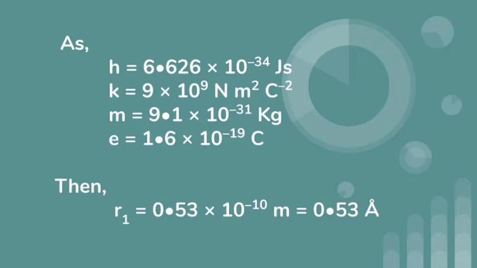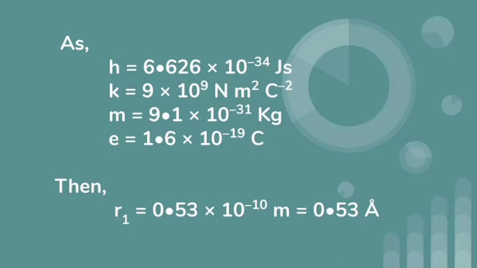You know the value h = 6.626 × 10⁻³⁴ joule second. k = 9 × 10⁹ newton meter square per coulomb square. The mass of the electron m = 9.1 × 10⁻³¹ kg and charge on an electron e = 1.6 × 10⁻¹⁹ coulomb.